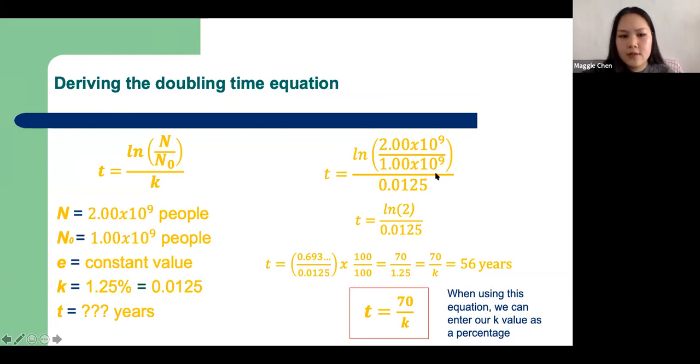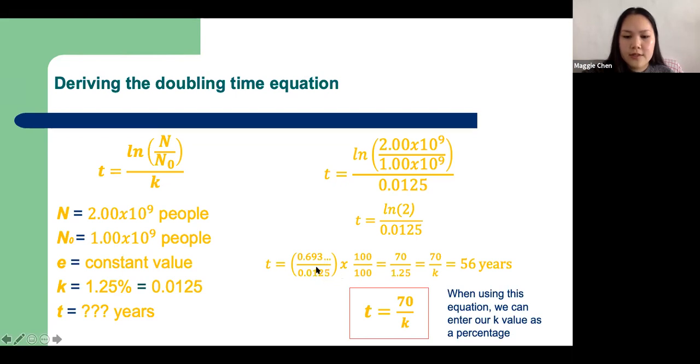If we plug that into our t, our doubling time equation, that is 2.00 times 10 to the 9 divided by 1.00 times 10 to the 9. When you divide that, you're going to be given 2. So that top portion of our fraction is just going to be ln 2 all over our k, our 0.0125. And say we went through plugging it into our calculator, ln of 2 is 0.693 and on, divided by our k.